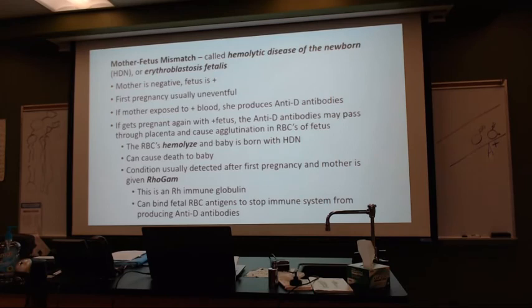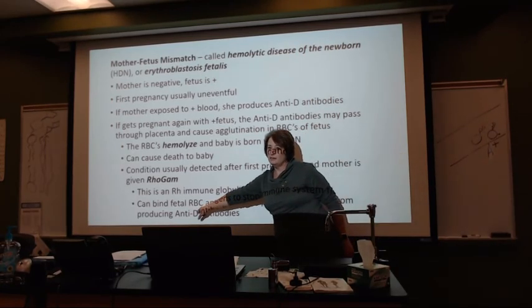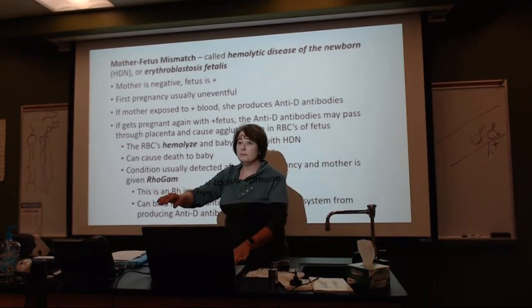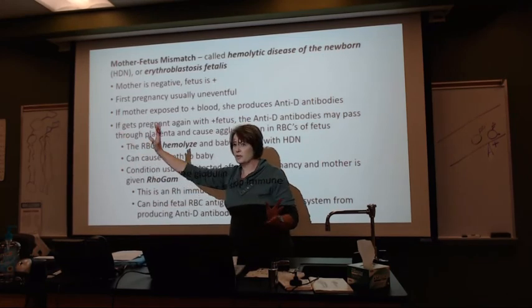So, this is an immune globulin, a protein that is introduced to the mother's bloodstream. And what it does in the fetus, now remember, mom is now pregnant for the second, third, whatever time.